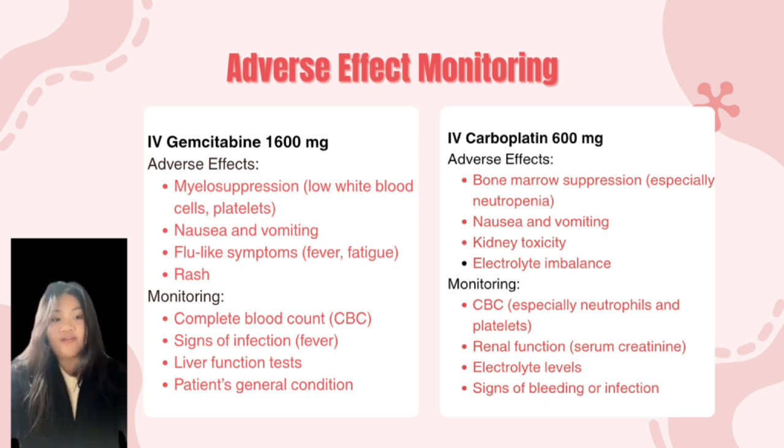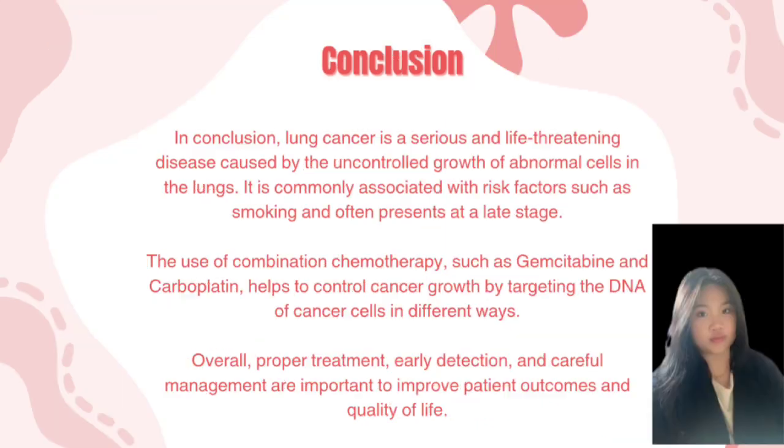Specifically for gemcitabine, we must perform regular liver function tests, known as LFT, and watch for flu-like symptoms. Meanwhile, for carboplatin, our focus shifts to kidney toxicity. As I stated on the slide, we have to monitor the creatinine level closely.